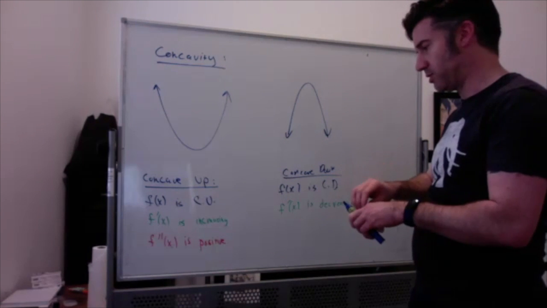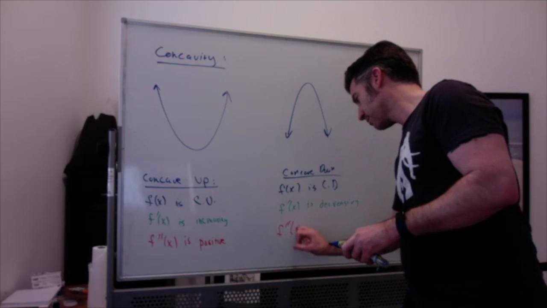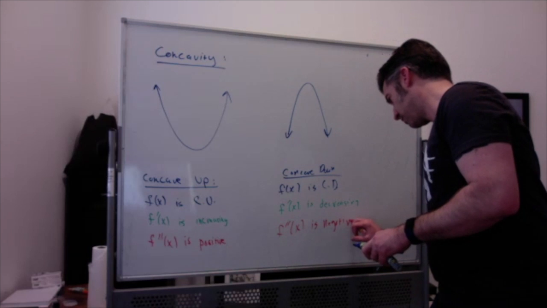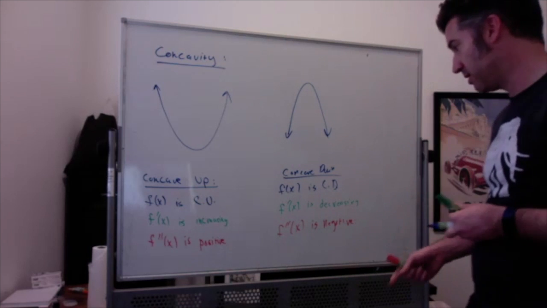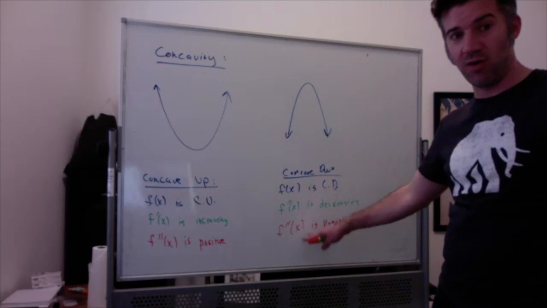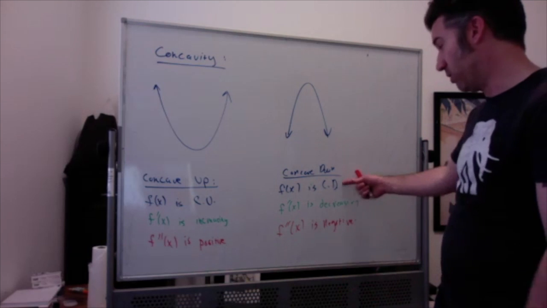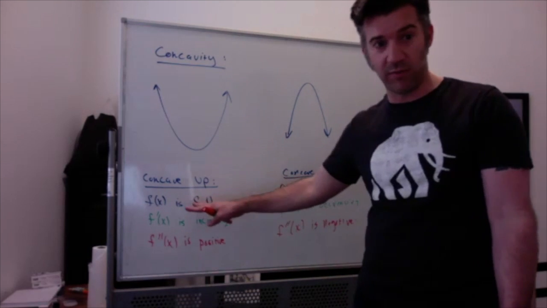And then we could also say that the second derivative is negative. I would really like for all of you to understand that these three things all mean exactly the same thing. These are all equivalent statements. If one of these is true, all of them are true.